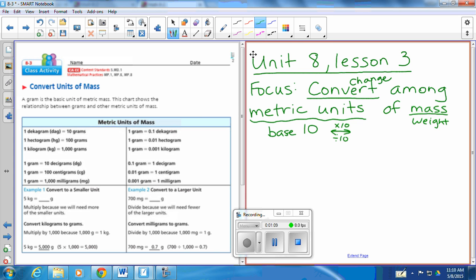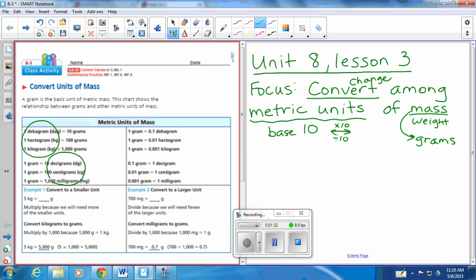Okay, so units of mass are grams. So we've been using grams with science, so this is a great connection for us. And now we're going to look at how we can convert those grams to different units. And remember, we still have our same prefixes, kilo, hecto, and deca, as well as deci, centi, and milli.